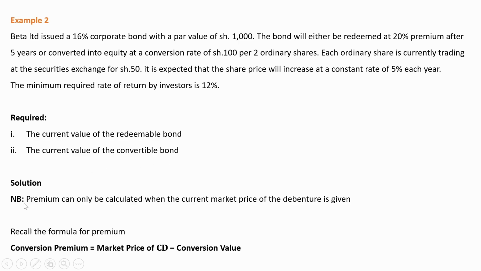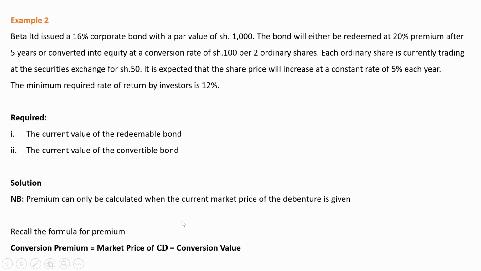So one thing you are going to note is that premium can only be calculated when the current market price of the debenture is given. If you can recall the formula for the premium, we had the market price of convertible debenture. And in most cases, you will find that most questions don't give you the current market price.